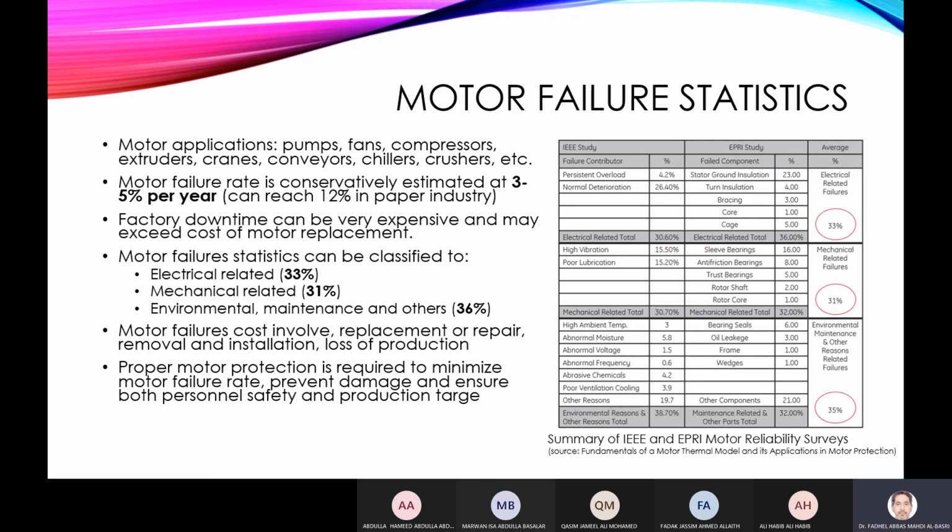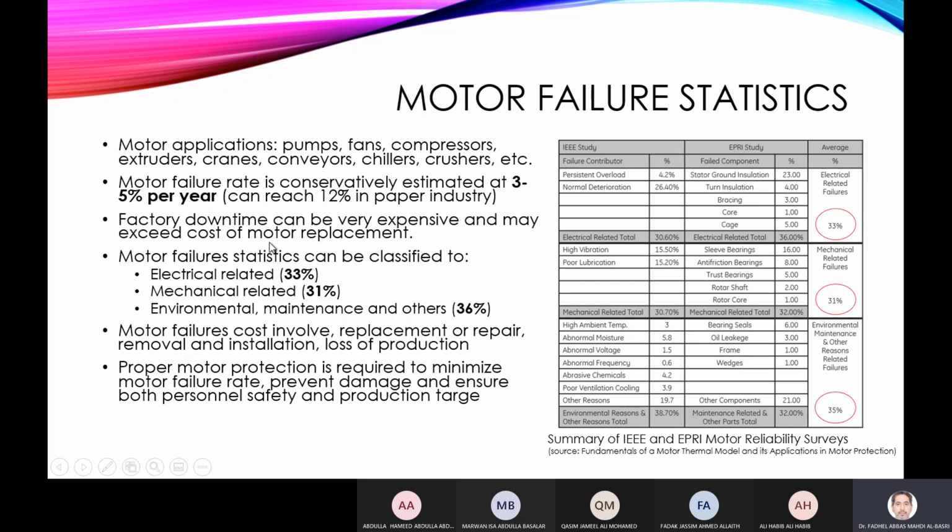When they studied those failures, the factory downtime can be very expensive. When you lose some very important motors, for any industry, it can lead to cost.